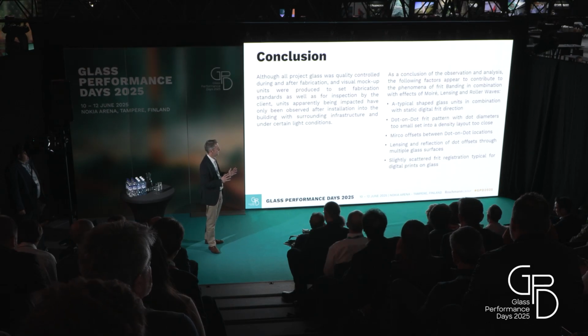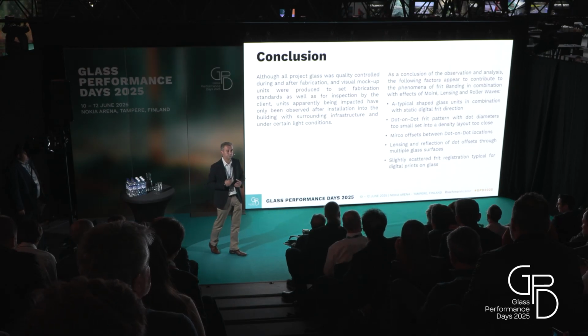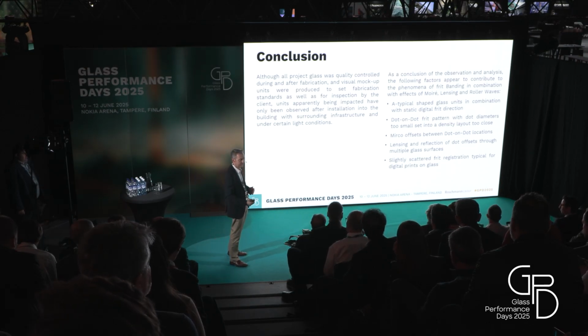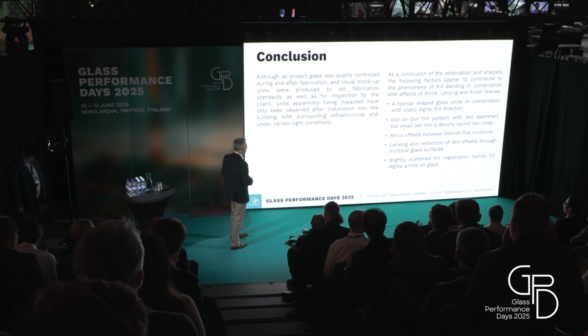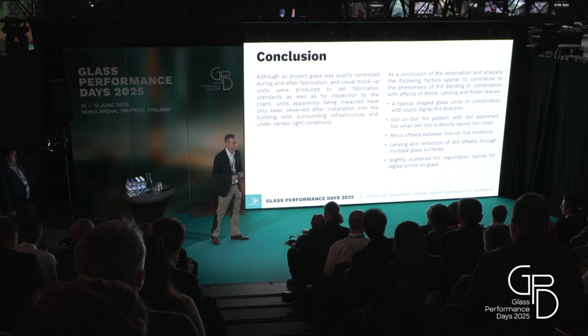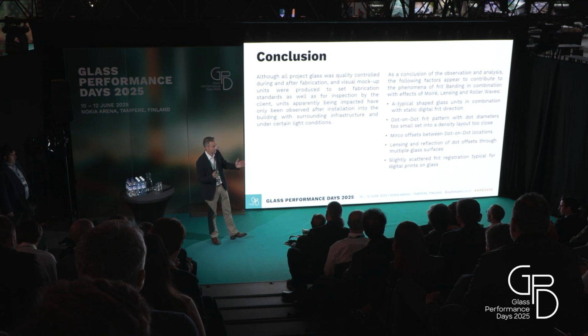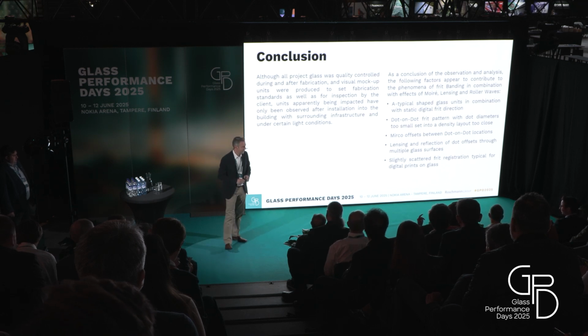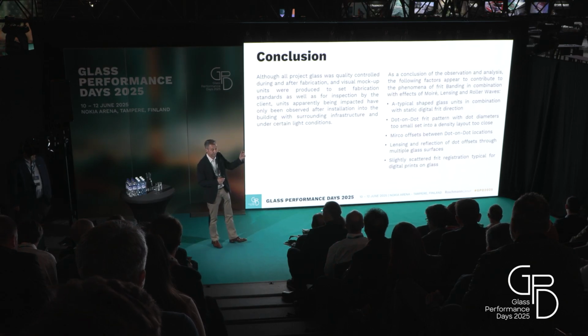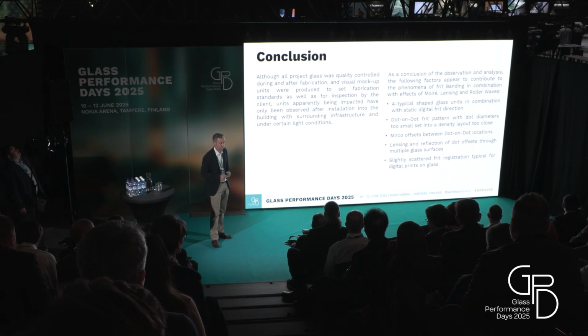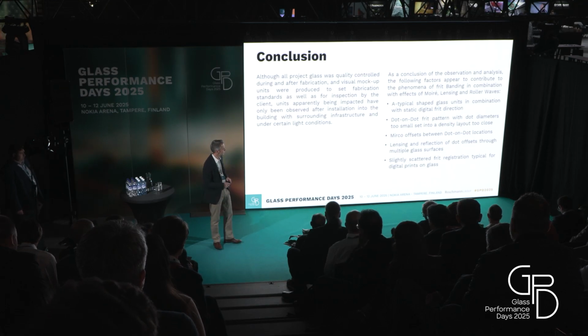Micro offsets between dots and dot locations caused by corresponding tolerances. Lensing and reflections of dots, offsets through multiple glass surfaces. If you have multiple insulating glass with different glass surfaces, different thicknesses of those glass surfaces just enhance this kind of optical distortion.